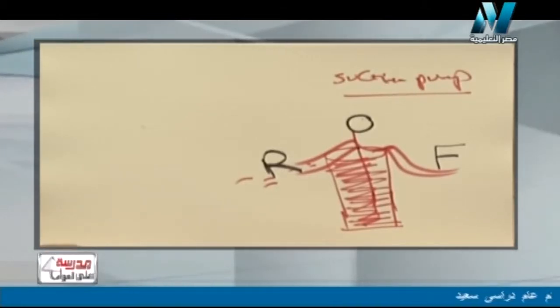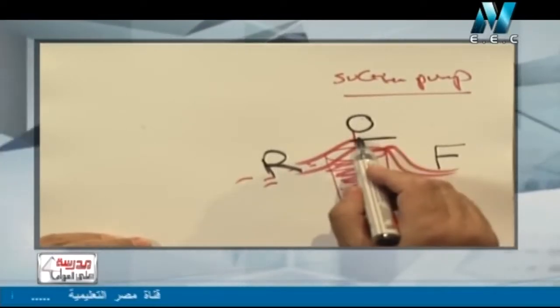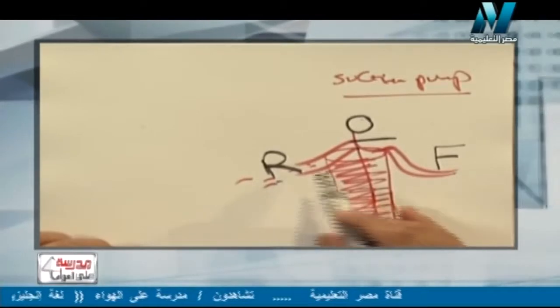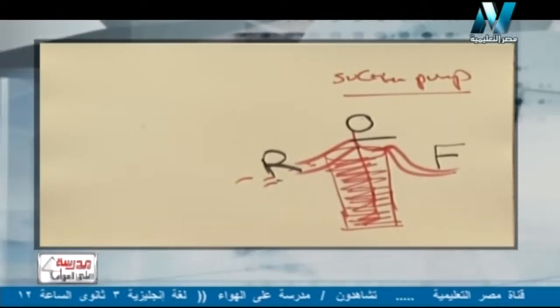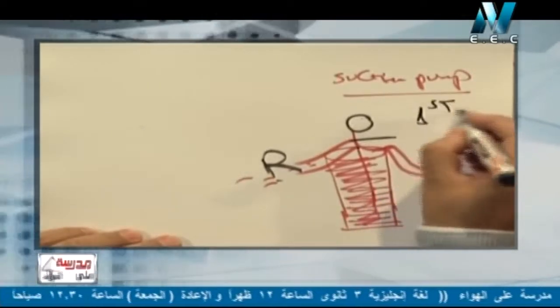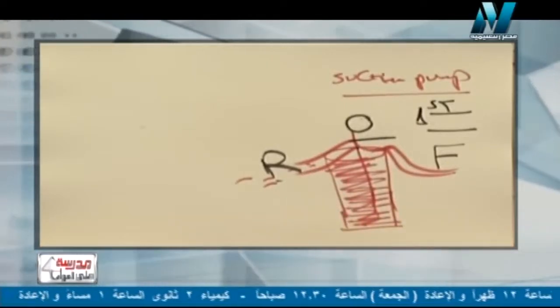So which part is in the middle? Surely it has the fulcrum in the middle between effort force and resistance. So the suction pump is a first class lever. Why? Or give reason? Because it has fulcrum between effort force and resistance force.